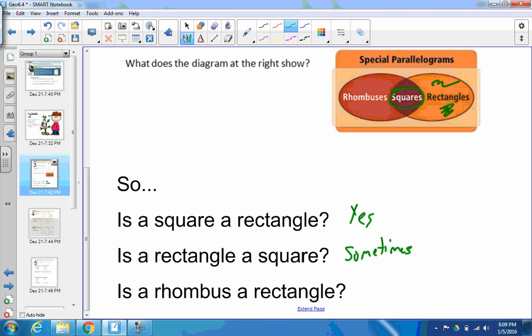Is a rhombus a rectangle? And this would also be sometimes, and those sometimes would be when it's a square. All right, let's go on.